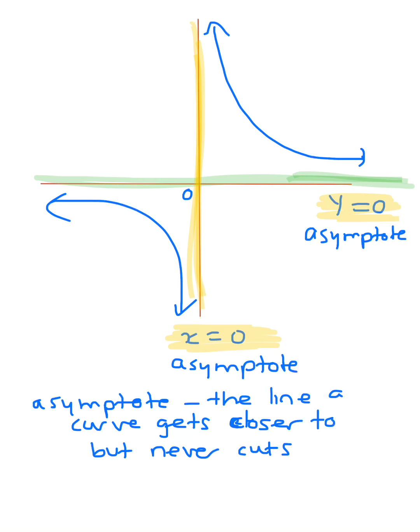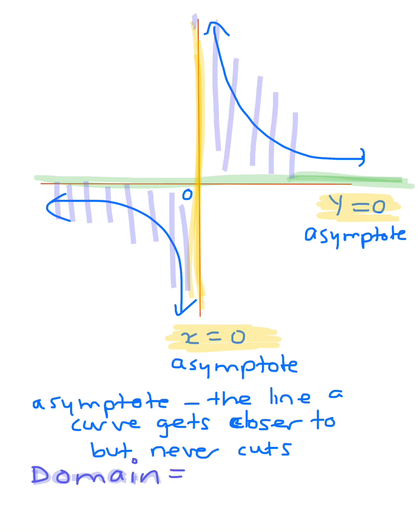Okay, so this affects the domain and the range. The domain is the values of x that it's true for. If you look at this, you have curve all the way up here, but you don't have it when x equals 0.